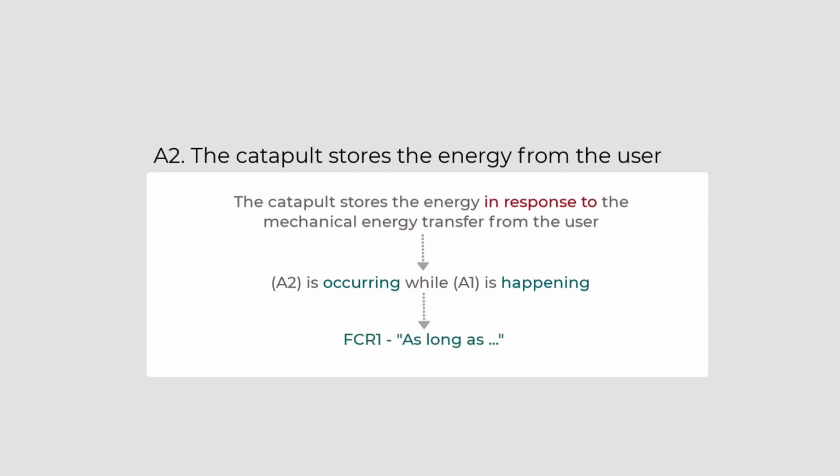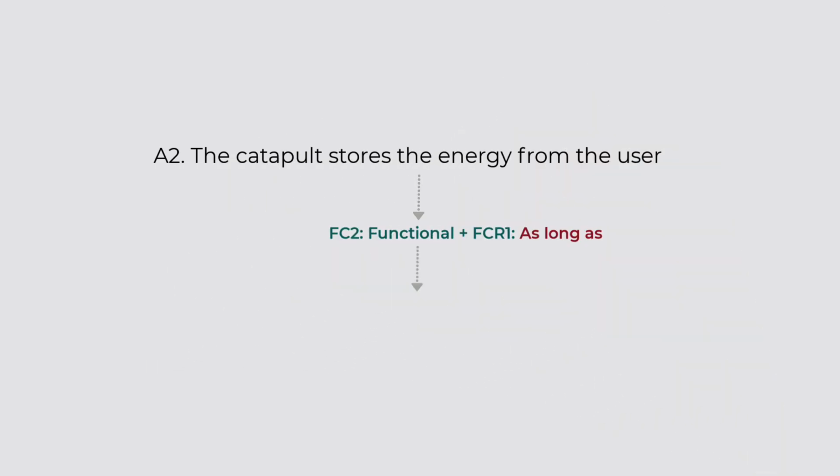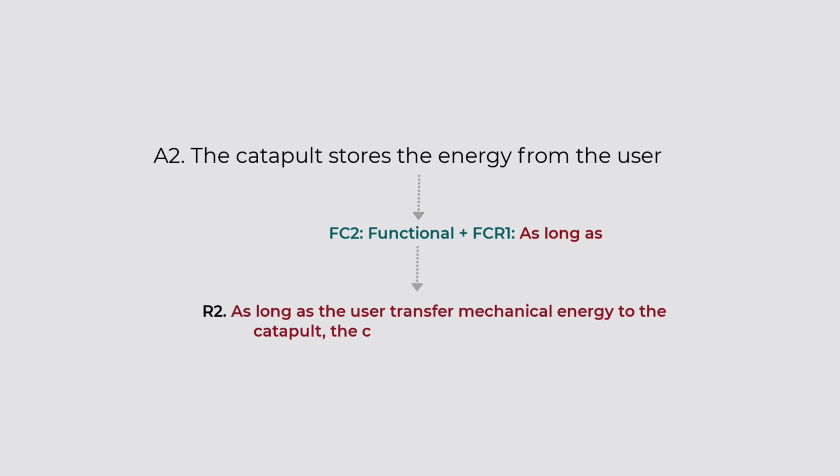The application of the formula FCR1 requires the addition of the phrase "as long as." By combining formulas FCR1 and FC2, the requirement becomes: as long as the user transfers mechanical energy to the catapult, the catapult shall store the energy.